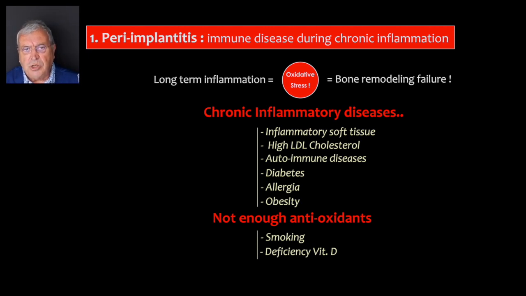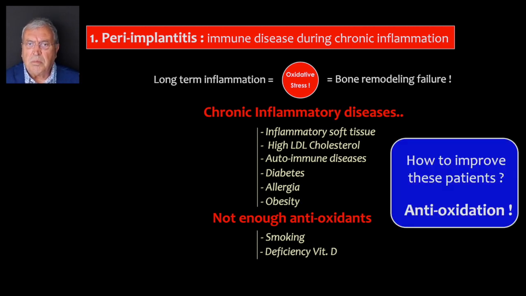If he is allergic, you cannot change. How to improve? Even the smoker, by antioxidation. You can improve, enhance the immune system of this patient by antioxidation. Immune force today is the best way.